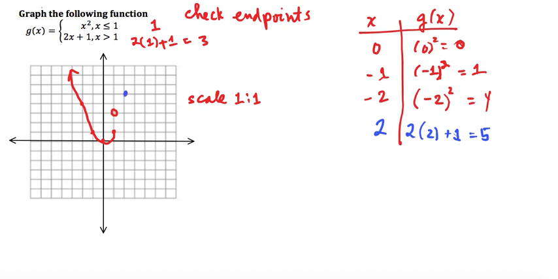And then let's say one more, 2 times 3 plus 1. So that's 6 plus 1, which equals 7. So 3 and 7. So to the right of 1, we have something a little bit different. It's going to have this line here, but it's going to go upwards like that.